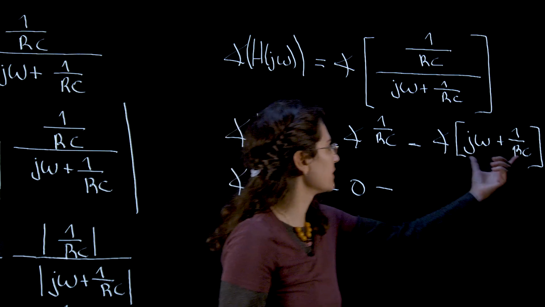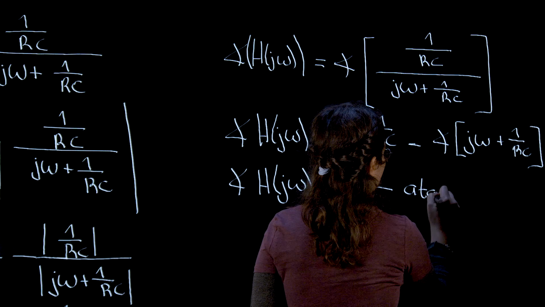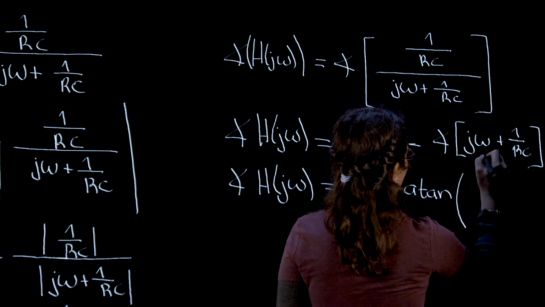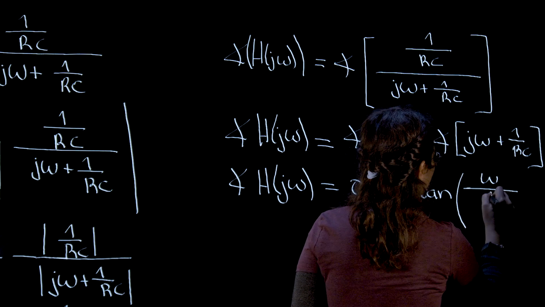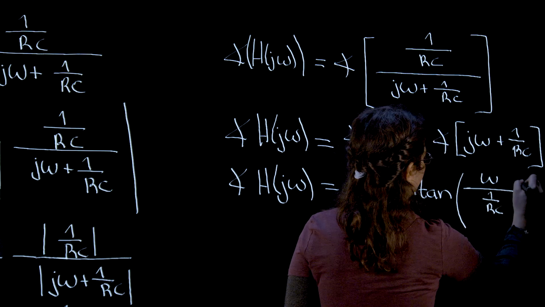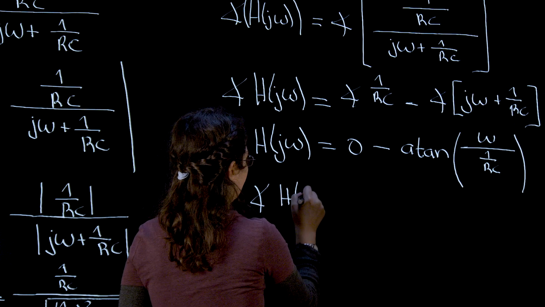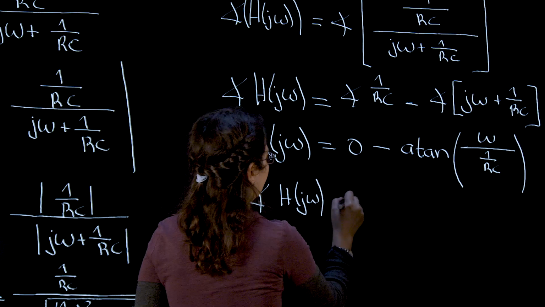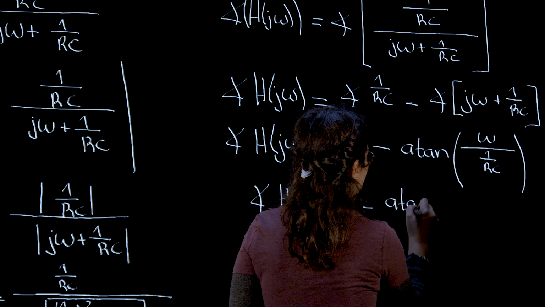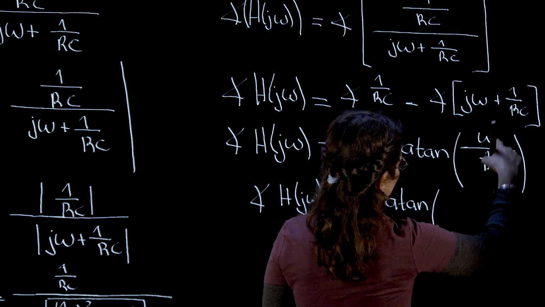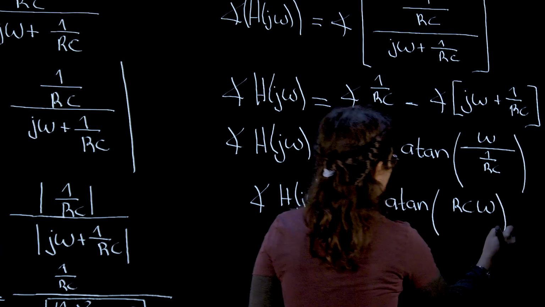And the phase of an imaginary number is the inverse tangent of the imaginary part over the real part. So in this case, it is minus inverse tangent of RC omega, I believe.